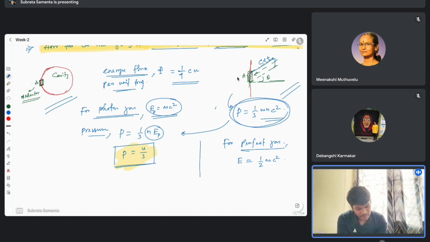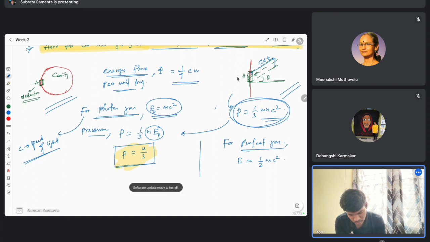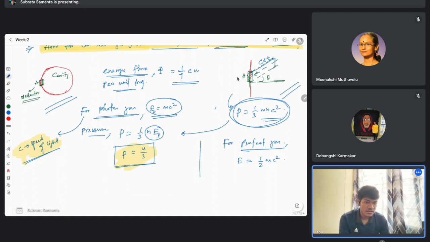For photon gas, the c is nothing but the speed of light, because this is a relativistic gas. So c equals the speed of light. But in this case, the c is the speed of the gas molecule, because we are considering the gas molecule for the kinetic theory part.